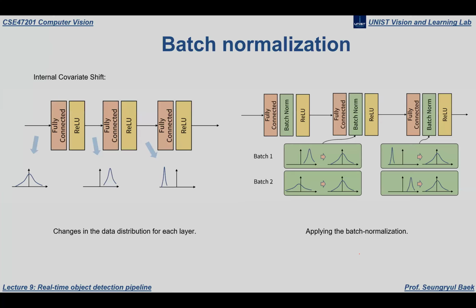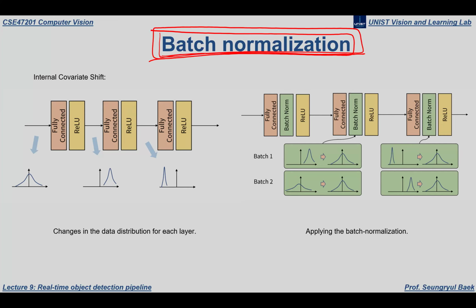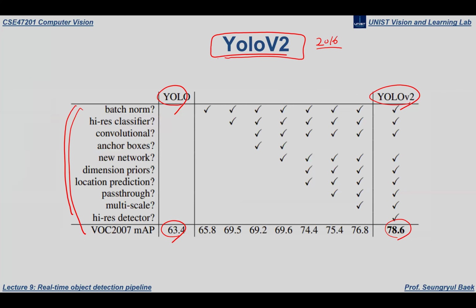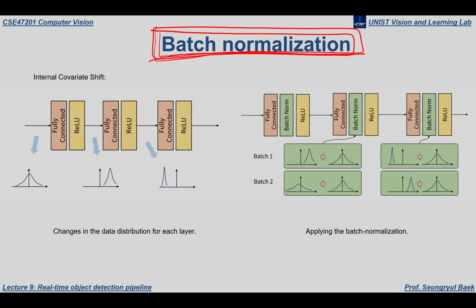One of the important changes is batch normalization. But this batch normalization is not something that YOLO version 2 proposed. Around the years when YOLO 2 was proposed, batch normalization had been introduced in normal CNNs, which do image classification as well.